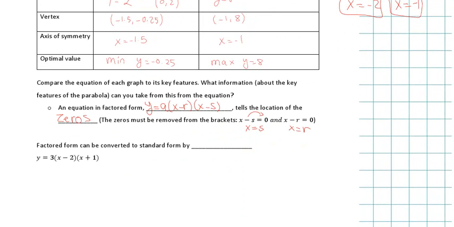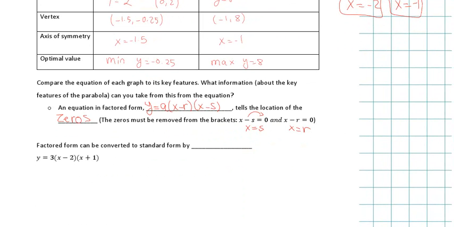So the factored form can be converted to standard form by what? If I want to go from factored form to standard form, what do I need to do? Foil or expand.